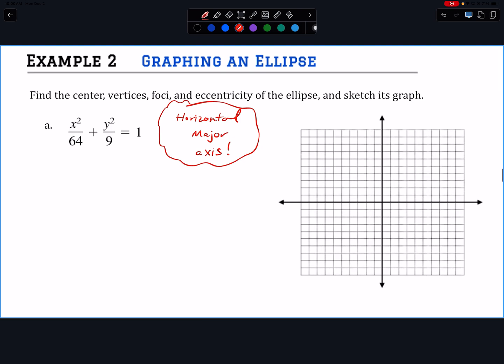Remember it's x minus h squared plus y minus k squared. There's no numbers in the parentheses. So what does that mean about our center? 0, 0. So I'm going to plot that already.